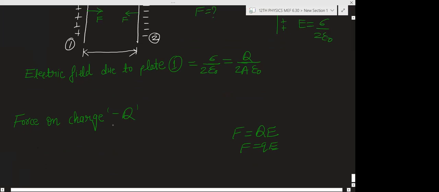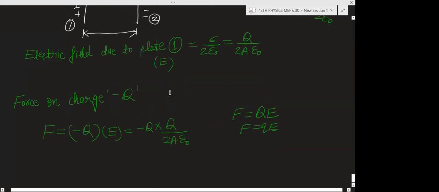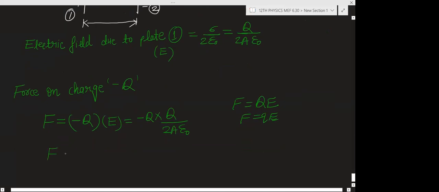Force on the charge minus q means charge minus q into the external electric field created by the positively charged plate, and I am representing this with E. So this is minus q into E, which is q divided by 2A epsilon naught. So force is equal to minus q square divided by 2A epsilon naught.